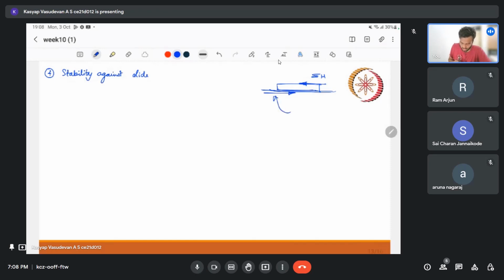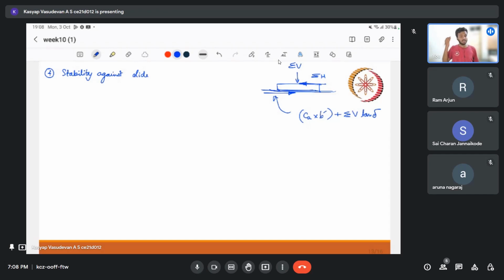So this resisting force I can write as Ca, the adhesion, into B dash, so the whole length, plus this normal force sigma V tan delta. So there are two components, just like our c plus sigma V tan delta.